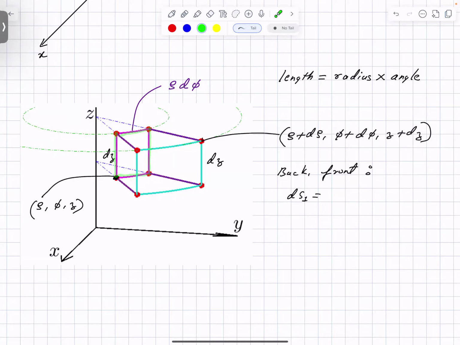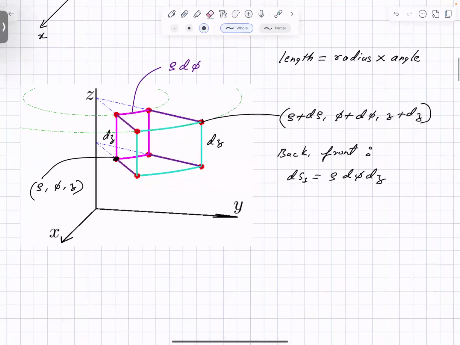Because we know the length of the arc is rho d phi, and the height is dz, the area has to be dz times the length of the arc, so rho d phi dz. That's one type of area we have. The second type is the left side or the right side.